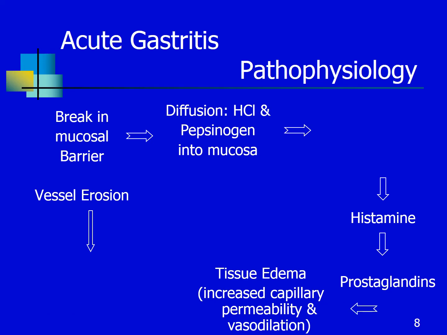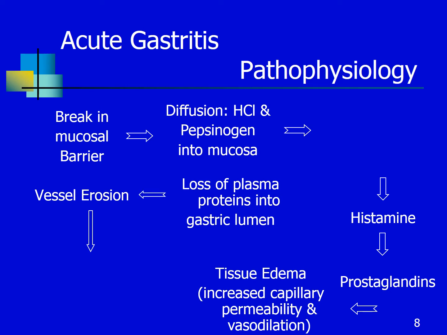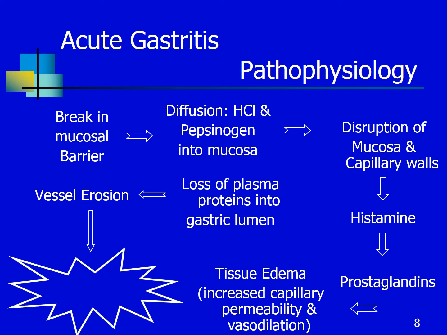And that dilation would lead to protein leaking out into the lumen, causing vessels to erode. And when the vessels are eroding, it will lead to a big issue, which is hemorrhaging, right? So this is what happens, and we want to prevent this from happening.